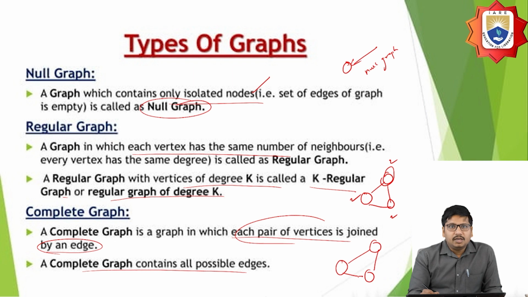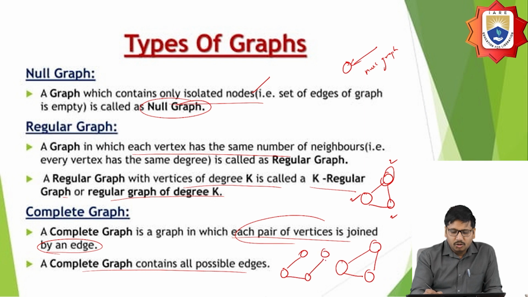This is also a graph, but it should not be treated as a complete graph. If I join this one also, then it should be treated as a complete graph. A complete graph is also a regular graph, but a regular graph cannot always be a complete graph.